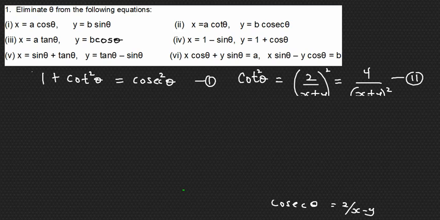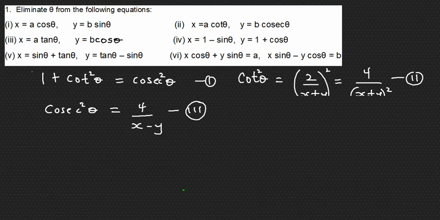So the cosec squared theta will be 4 over x minus y. That is equation 3. So I can now put 2 and 3 in 1. So I get 1 plus cot squared is 4 over x plus y squared.